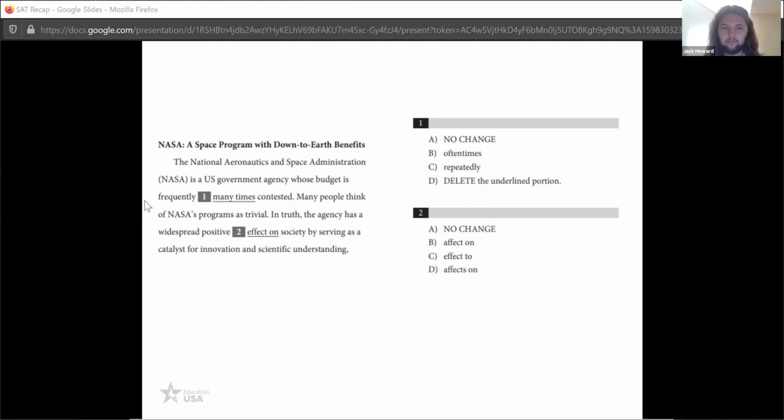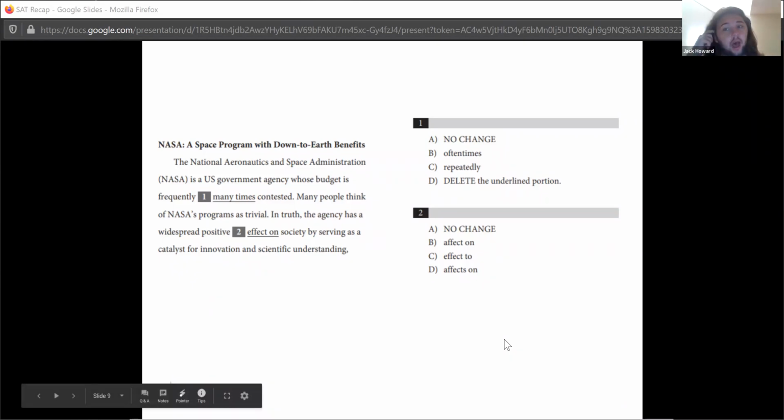Now move on to question 2, also dealing with an underlined phrase. Okay, so it seems like people are saying A. I don't see any real reason to solicit explanations for this one, since it's just a rule that you have to know.